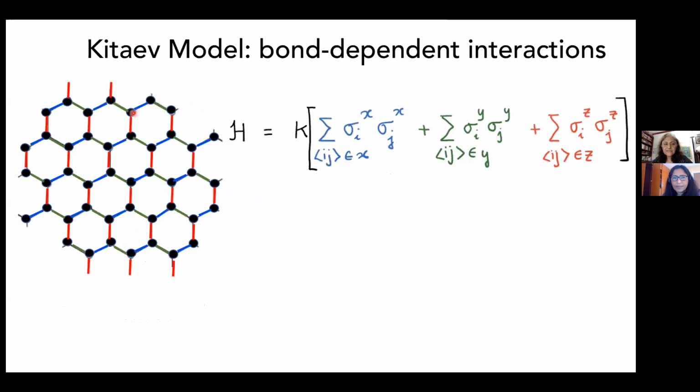So you see it has three kinds of bonds, blue, green, and red. And on each of these bonds, a different component of the Pauli matrix interacts between the two sites. So on the blue bonds, it's the sigma X interaction. Green bonds have the YY interaction, and ZZ interaction on the red bonds.